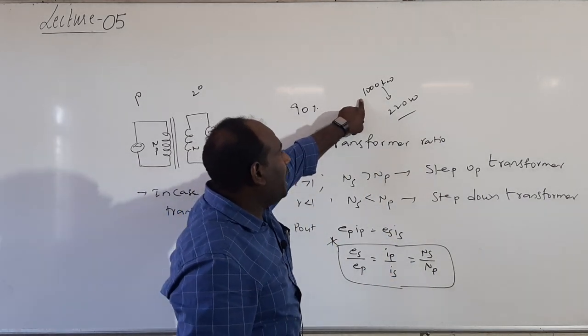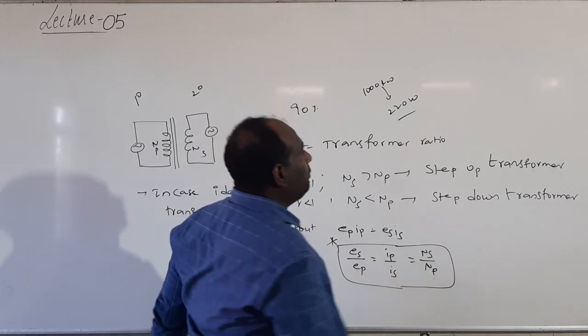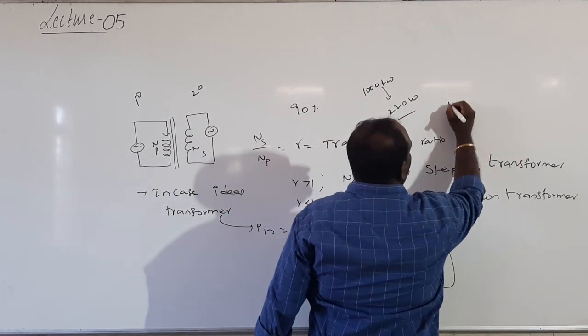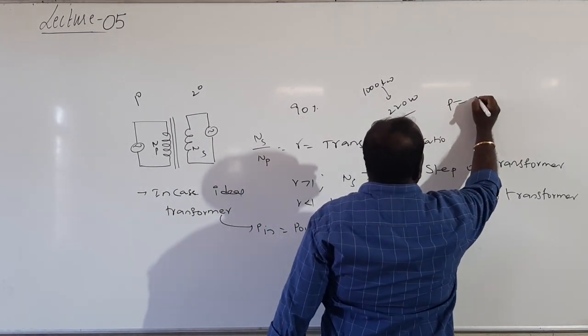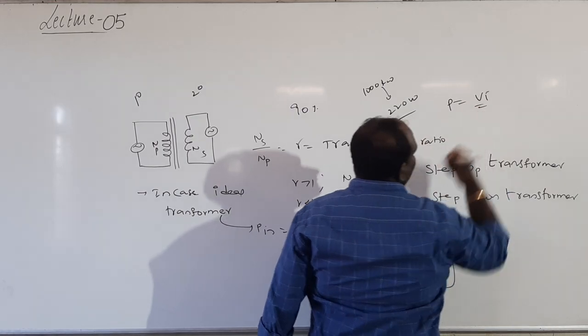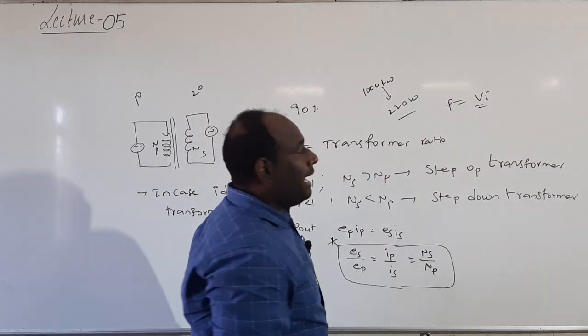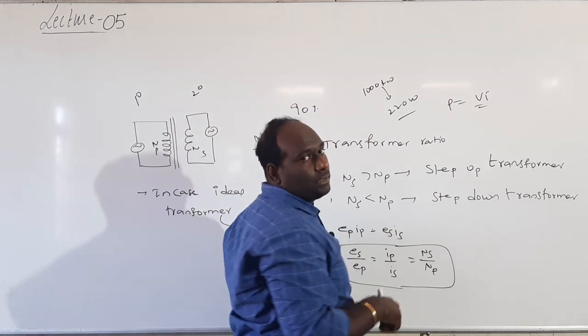If you send high voltage, what will happen? P equal to VI. If I increase the voltage by decreasing the current, I can reduce the power loss.